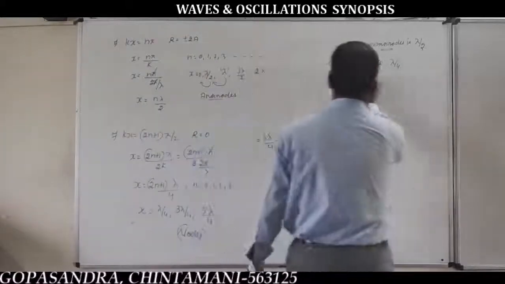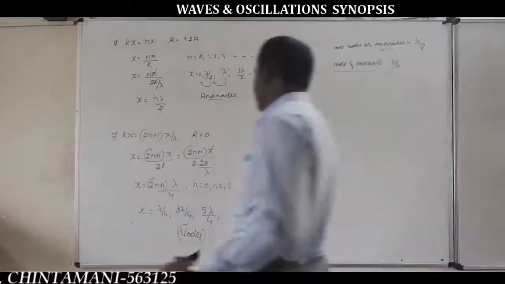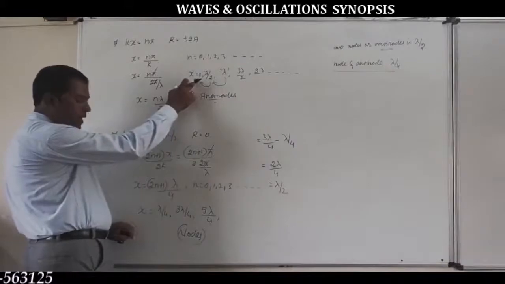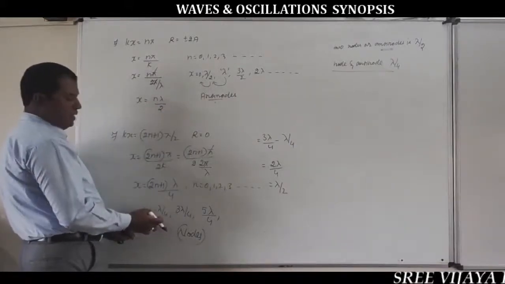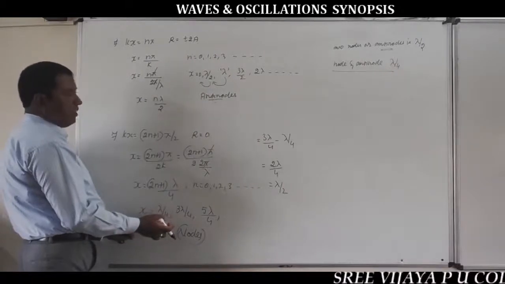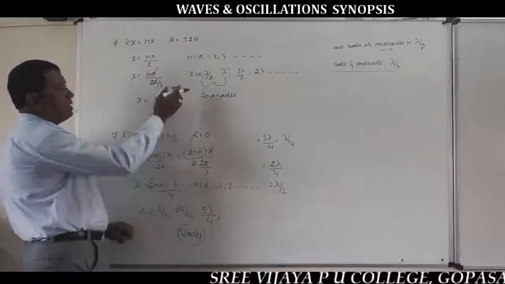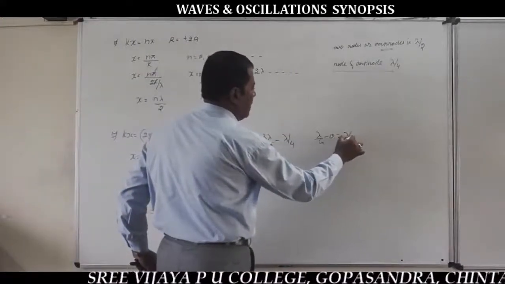Okay, now let us see what is the distance between this node and antinode. At x is equal to 0, we are having an antinode. At x is equal to lambda by 4, we are having a node. Now when you just consider the distance between antinode and node or node and antinode, it will be lambda by 4 minus 0. It is equal to lambda by 4.